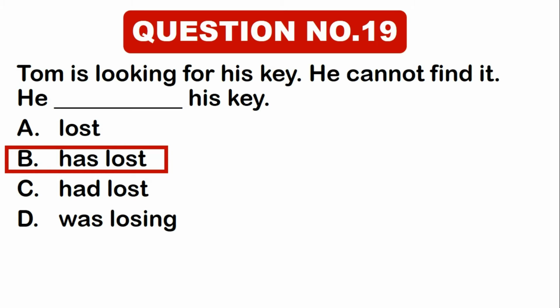And what is the connection with now? Has lost his key. He cannot find it. He cannot enter. He cannot get inside his house. But when you say lost, not has lost, simple past, it means there is no connection with now. It means he has found his key.